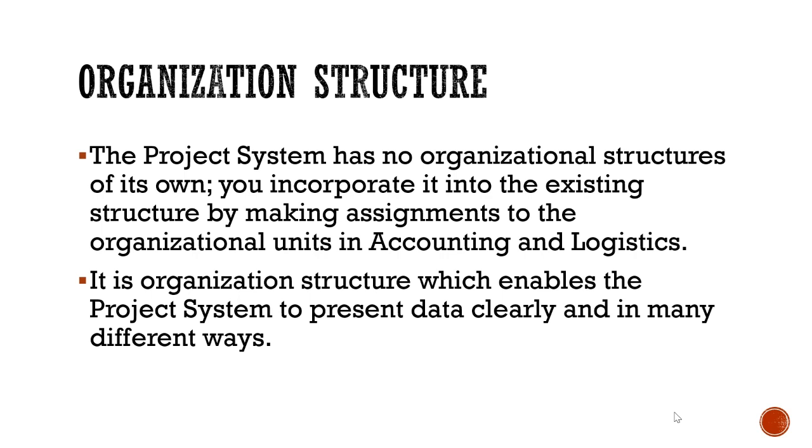Whatever enterprise structure already exists, you just make some assignments into accounting and logistics. Similarly, you'll make some assignments into the project systems, and that's how the organization structure for project systems is formed. In the SAP system, normally the enterprise structure is configured, and then you make some assignments to the accounting section and some assignments to the logistics section.